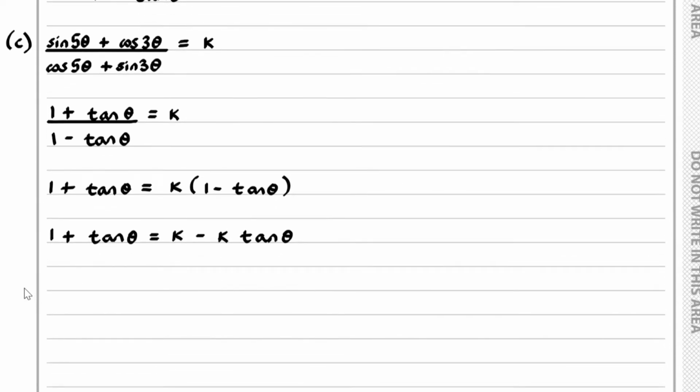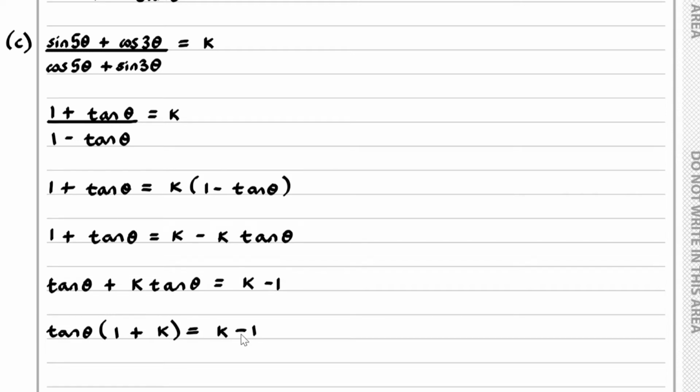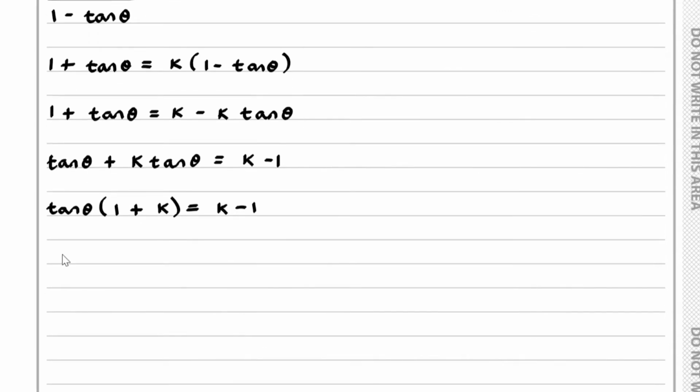And gathering everything with a tan on one side, everything that's not a tan on the other side, we have tan theta plus k tan theta equals k minus 1. And if I factorize out the tan theta, I've got 1 plus k times tan theta equals k minus 1. And so tan theta is equal to k minus 1 over 1 plus k, which is the same as k plus 1.